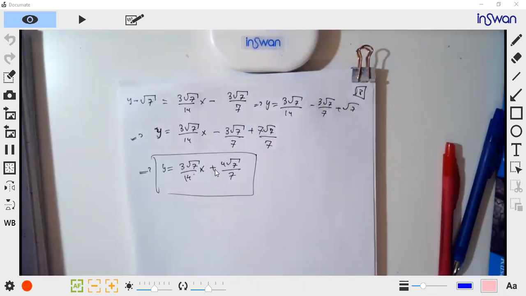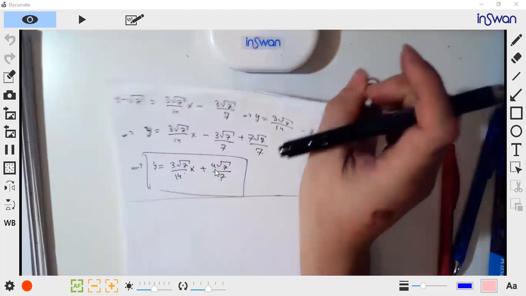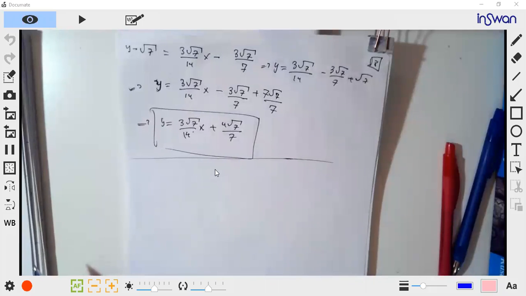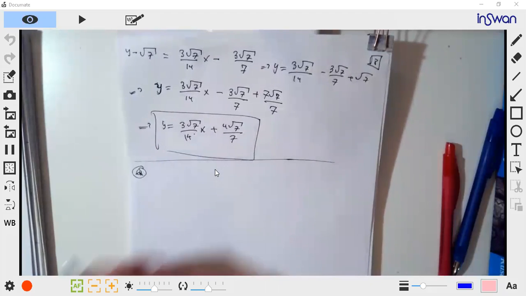All right, so now that we have ample practice on doing this process, let's get to the more subtle reasons as to why this is so important. All right, let's do this via an example.